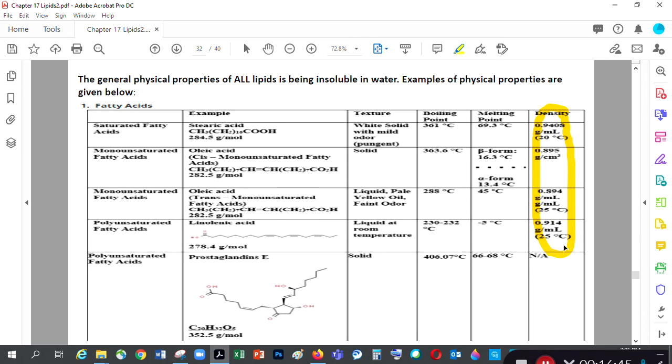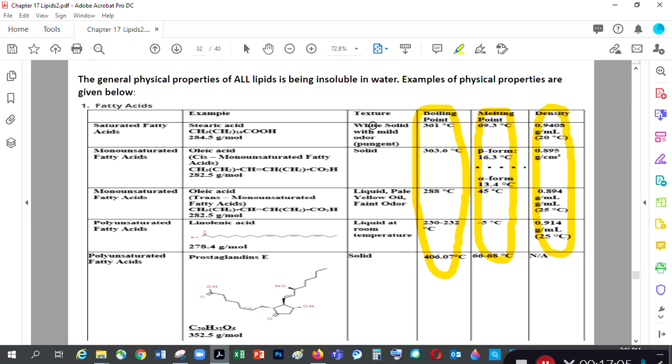So if you mix them with H2O, they will not mix, and because the density is less, they will float on top of H2O. They have a very low melting point. However, the boiling point is very, very high.